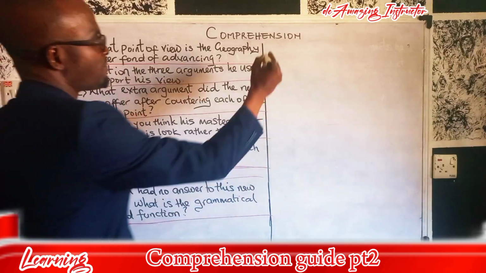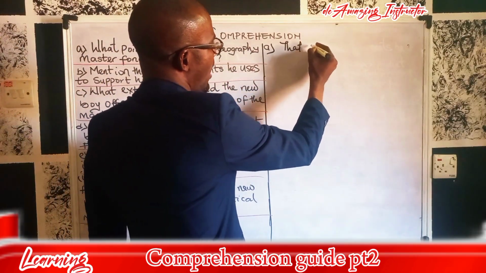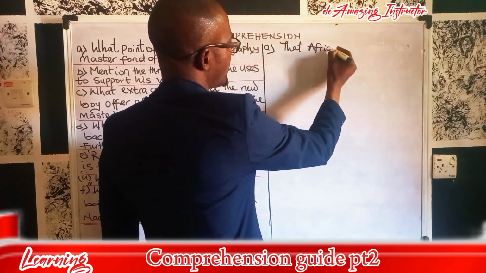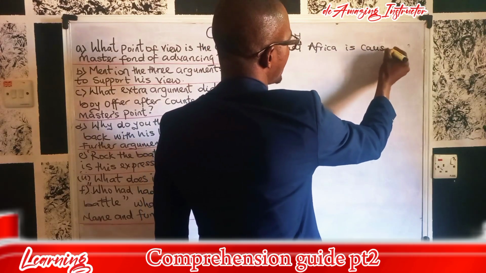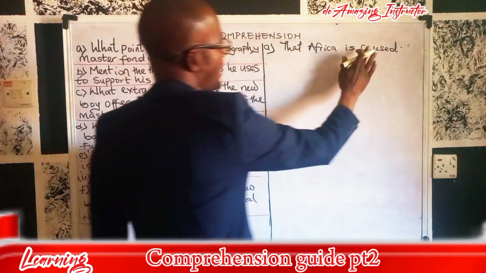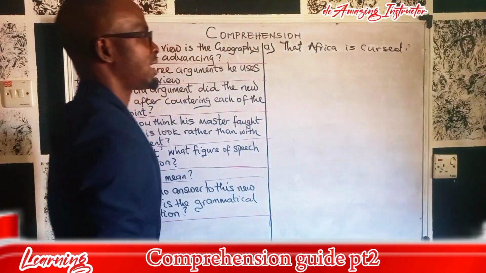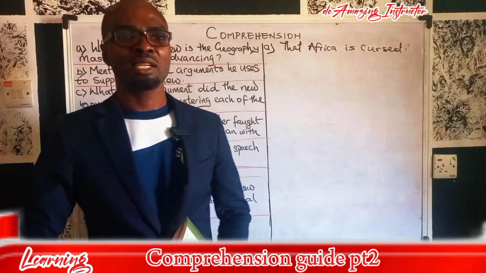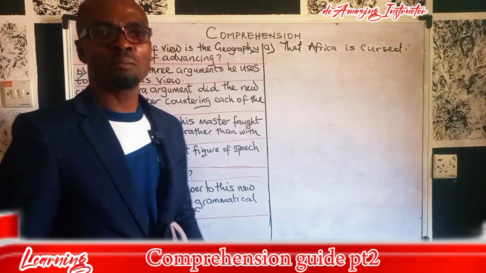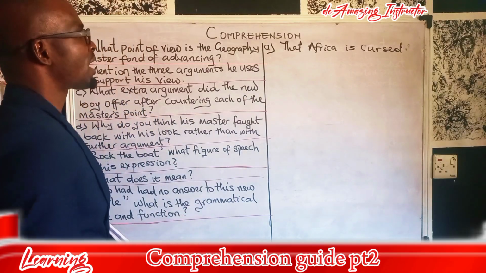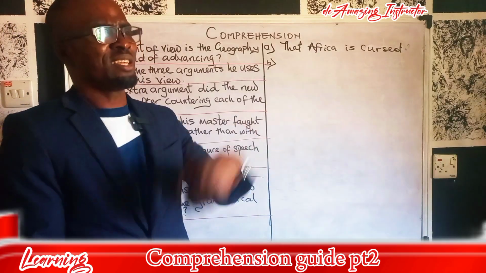And the point of view, as mentioned by the geography teacher, is this: that Africa is cursed, that Africa is an accursed continent, or that Africa has been cursed by the Almighty God.